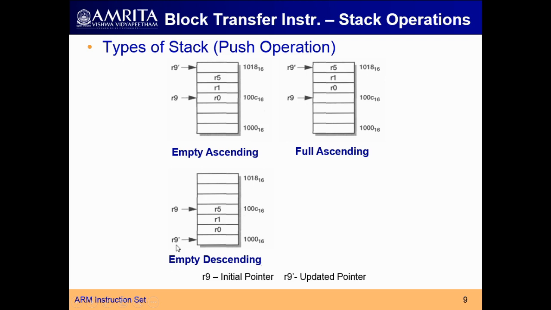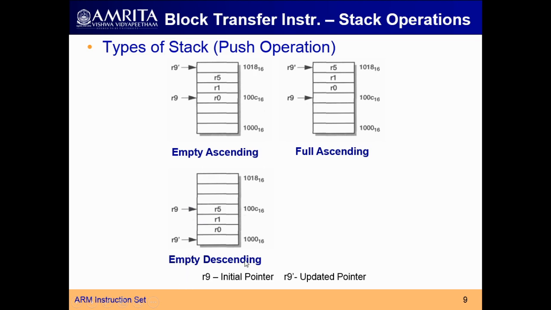Empty descending. Why? Because the updated pointer is pointing to an empty location. So this is an example of empty descending stack. So here what is happening? First the push operation will take place, and only then the stack pointer decrements.